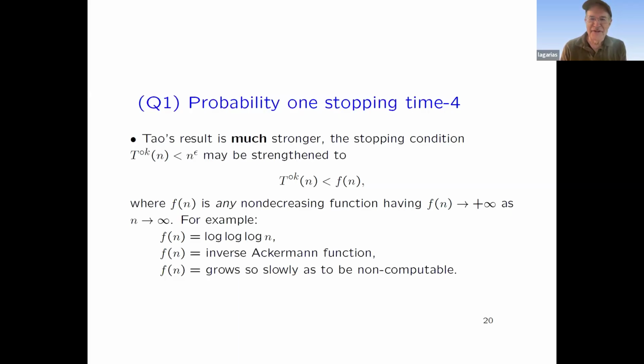there's a question of whether the rate at which f of n goes to infinity matters. The theorem, as stated, has quantifiers. You're given your f of n in advance, and then the theorem is that the resulting set of n's that beat this bound has logarithmic density 1, which is an asymptotic limit.